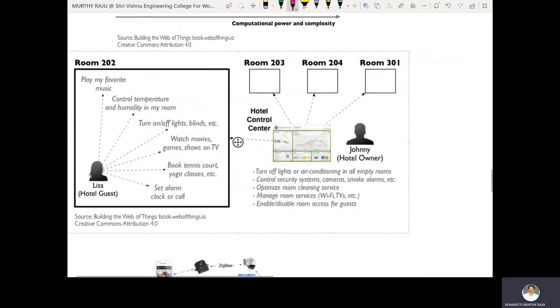A hotel consists of many rooms. Consider a single room, 202.